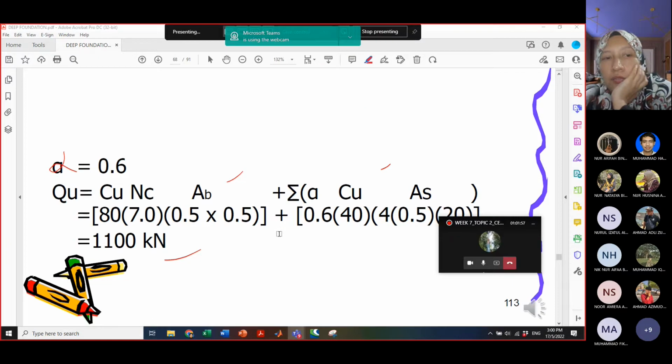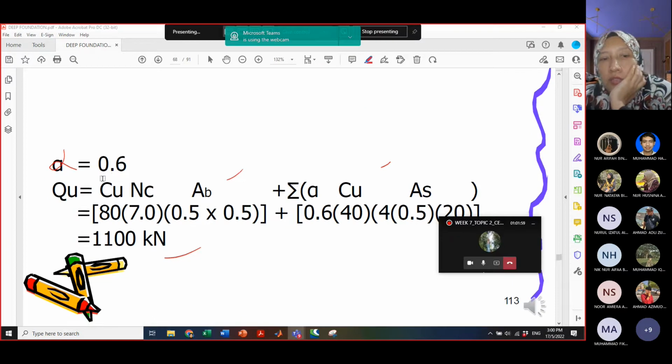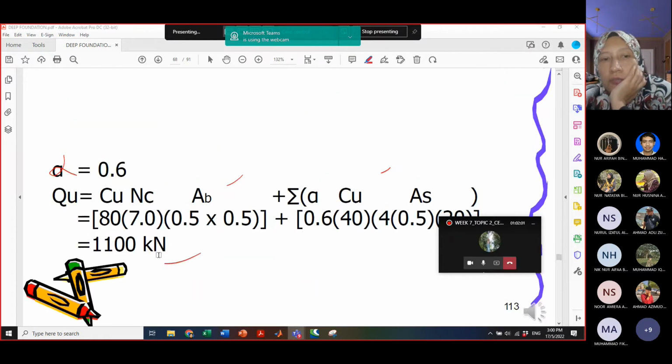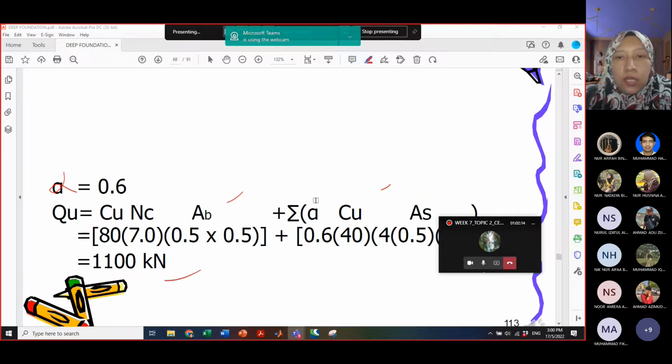So the alpha is 0.6, and then the ultimate bearing capacity of the single pile is 1,100 kilonewton. So kita masuk je balik formula CU NC AB plus dengan alpha CU AS.